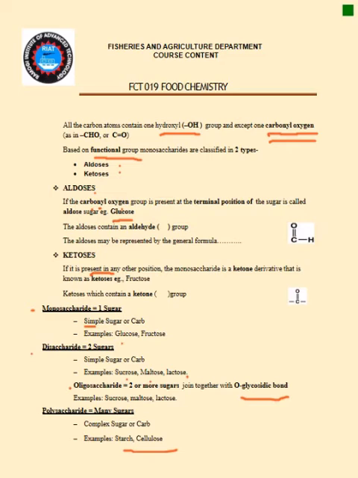The position of this carbonyl oxygen is what can be used to place these monosaccharides into another class, and this carbonyl oxygen is what is known as the functional group. So based on the functional group, we can have monosaccharides being placed into 2 other different classes.